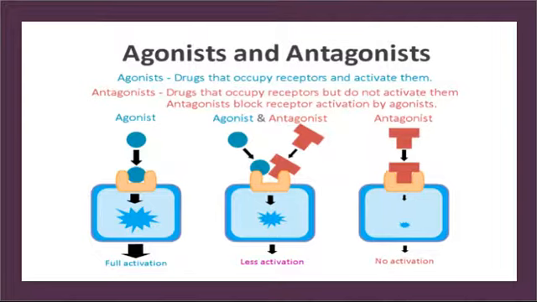Agonist, antagonist, again, where it's blocking and working, and you should have these in your head by now. They can either egg it on, help it work, or antagonist, block it. And then there are antagonists that block the receptor activation by agonists, so they work numerous ways.